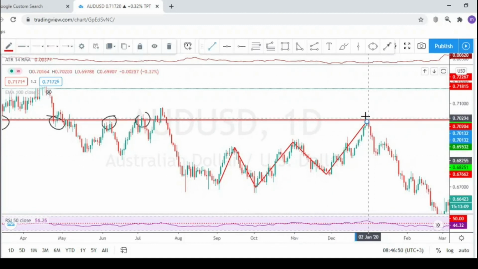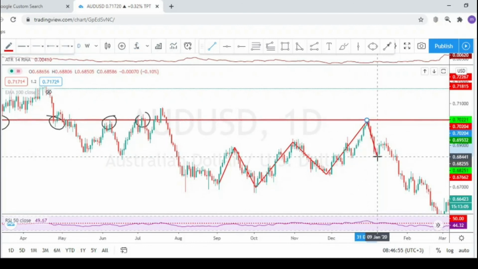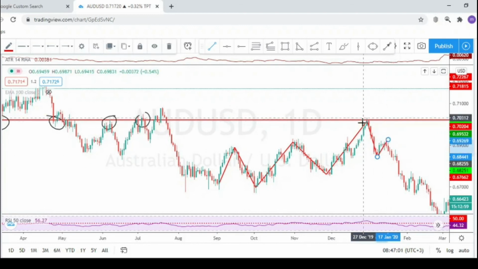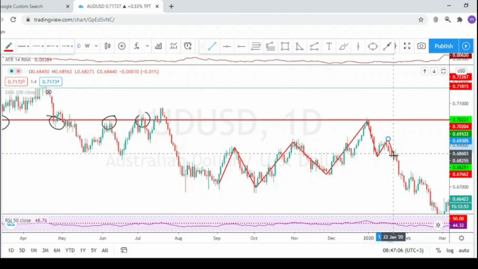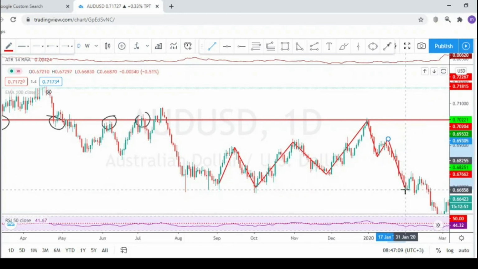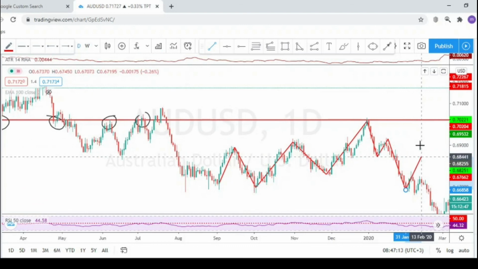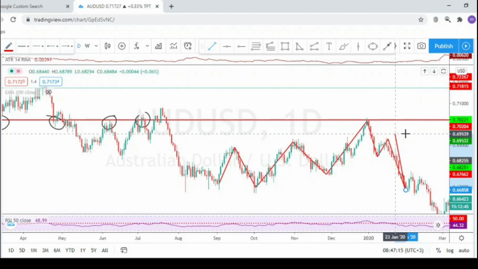This made a pullback. This made an impulsive leg, then a pullback that does not close above this level of resistance here, and another impulsive leg and a pullback either here or here, but it does not close above this level here.